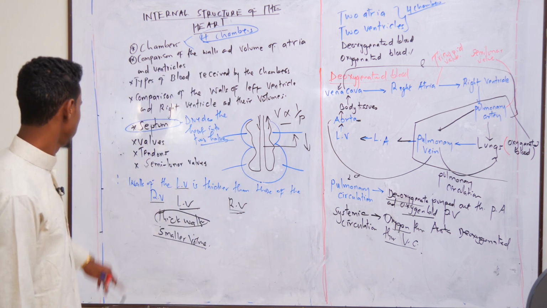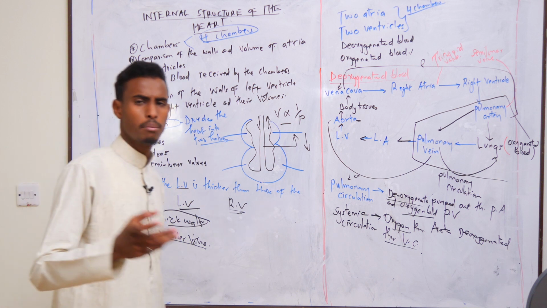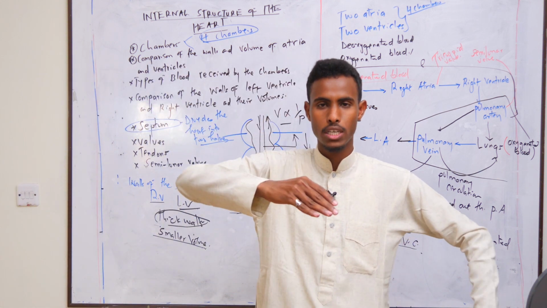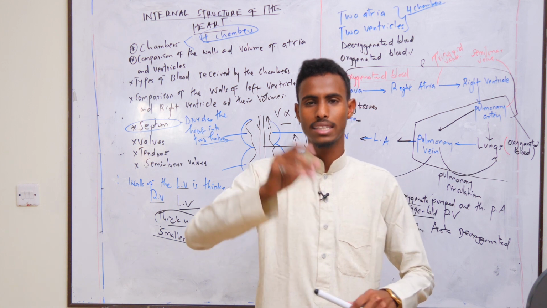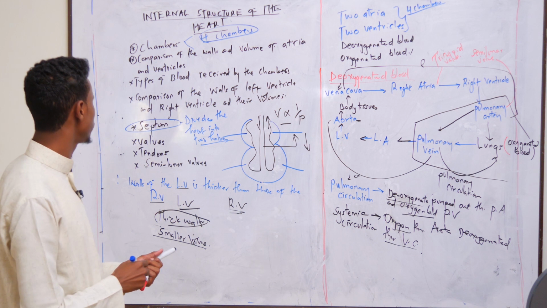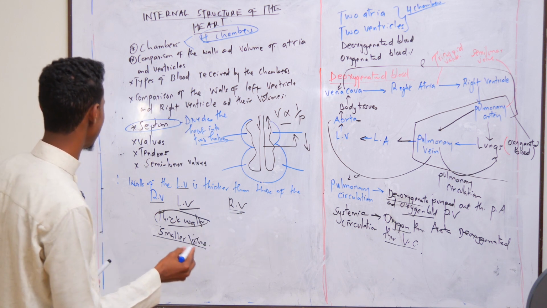Let's continue. The valves. Class, we have primarily valves between the atria and the ventricles. We also have valves at the base of the pulmonary artery and the aorta.